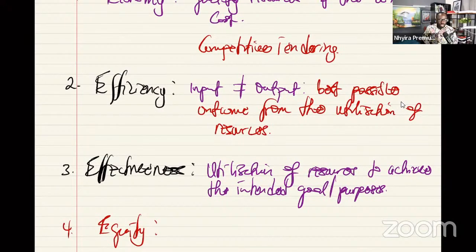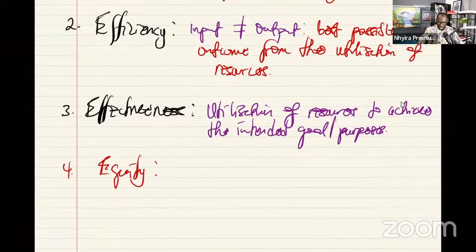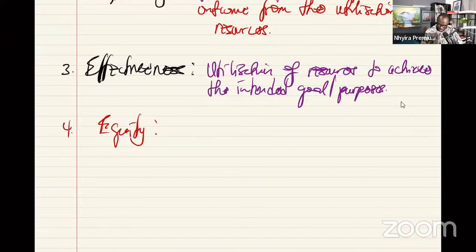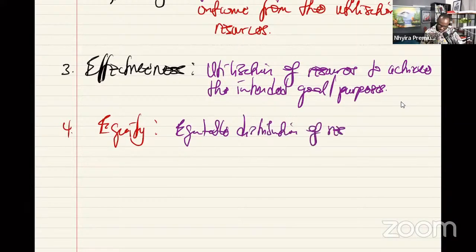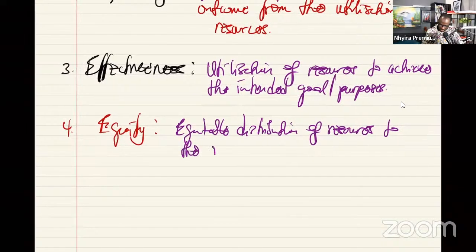Why? Because the resources are not being distributed to all beneficiaries. So equity has to do with the equitable distribution of resources to the intended beneficiaries.